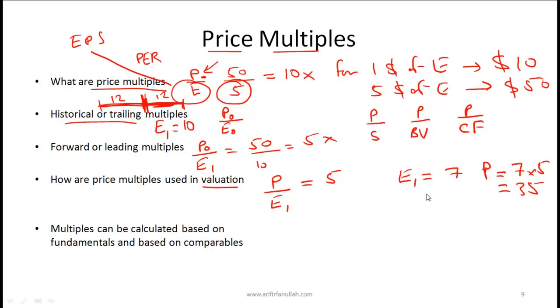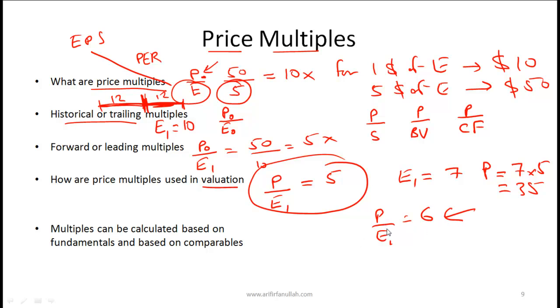Another way is where, for an existing company, if the industry average PE is 5, and for a given company currently when we do P over E1, let's say we get 6. Now this would imply that the company that we are evaluating, which is this one, seems overpriced.